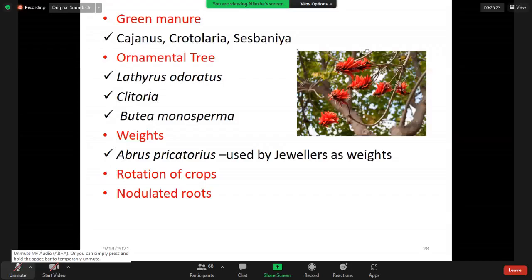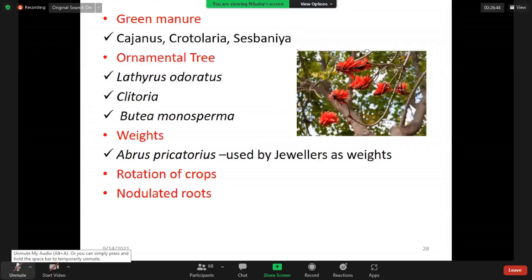These Fabaceae family crops have special characters in their root. The root contains root nodules.